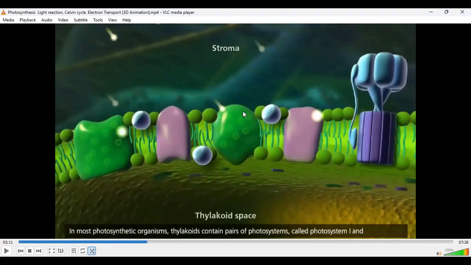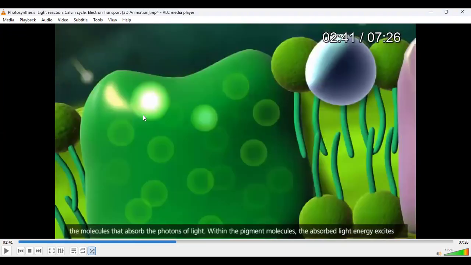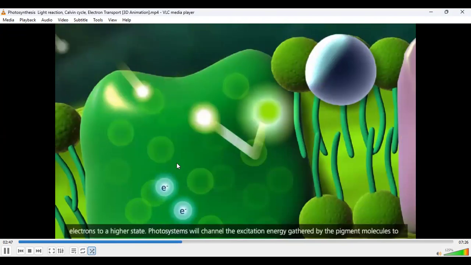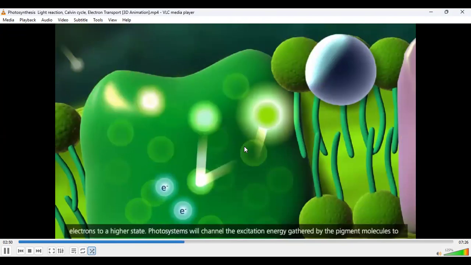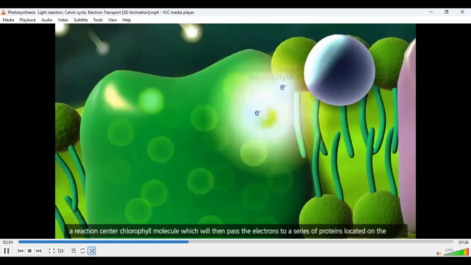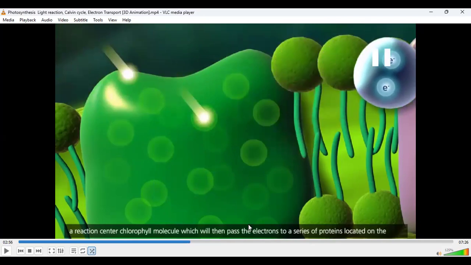Yes. So we took the energy of the sun, and energy excites electrons to a higher state. Photosystems will channel the excitation energy gathered by the pigment molecules to a reaction center chlorophyll molecule, which will then pass the electrons to a series of carriers. Remember this, the energy of the light was used to make energized electrons, right?